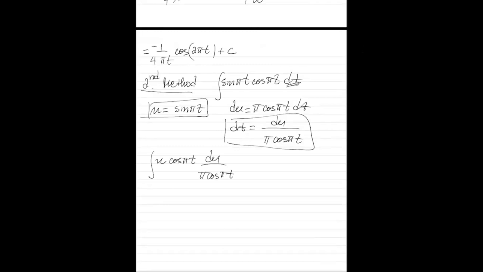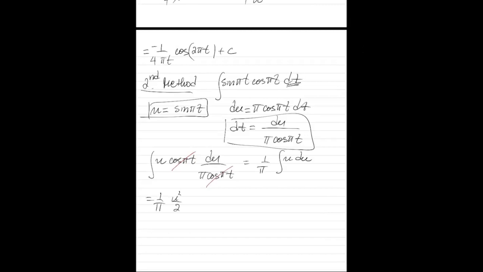So now you can see the cosine pi t will cancel, and we have 1 over pi, which is a constant, times the integral of u du. And that is 1 over pi times u squared over 2 plus c, so 1 over 2 pi, and u was sine pi t, squared, plus c.